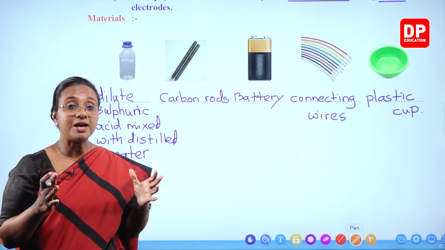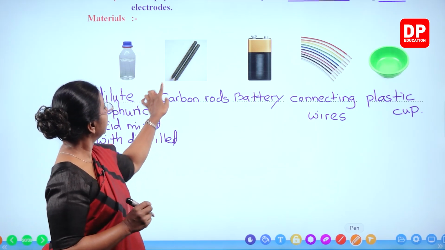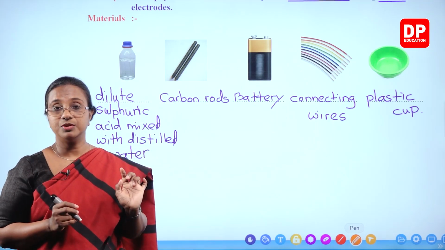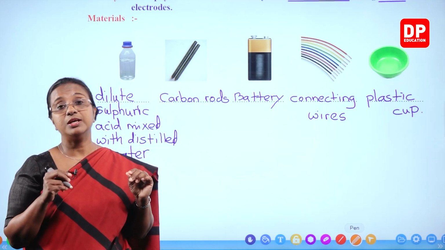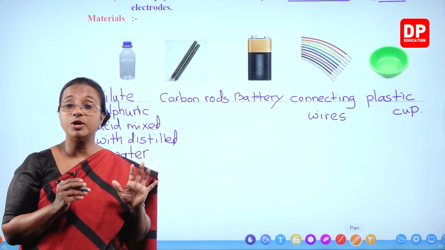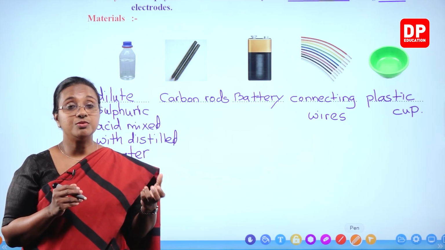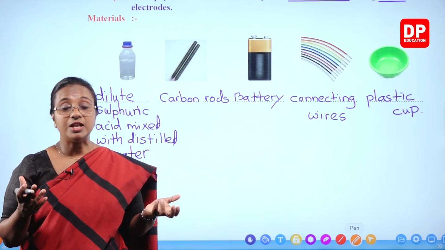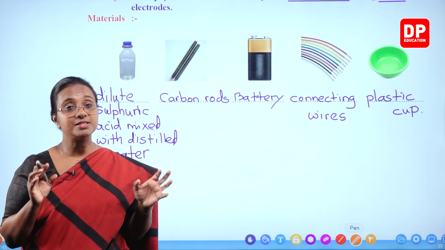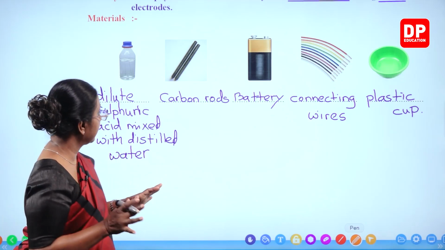We need to take the plastic cup, make 2 holes enough to insert the carbon electrodes. You insert them into the plastic cup and you have to seal those holes so that the water does not leak. You can seal it using wax or you can use PVC or you can use silicone sealer. You can seal it in some way so that water does not leak from there.